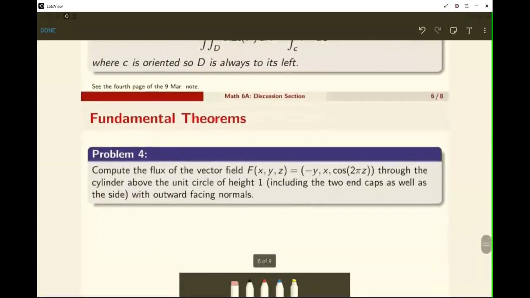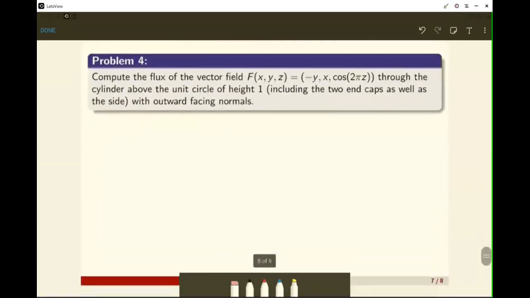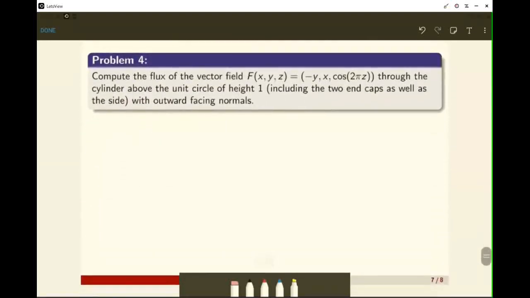But the problems that I've produced here to talk about are going the potentially more usual direction, where we've got information about this vector field, and we're trying to compute something about its behavior on the boundary by converting to the bulk.